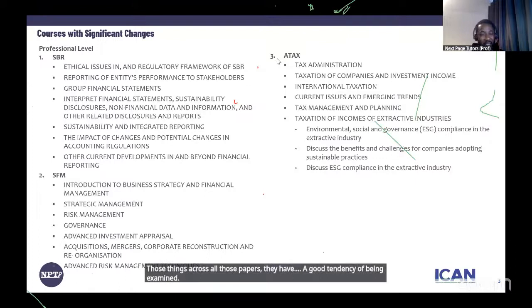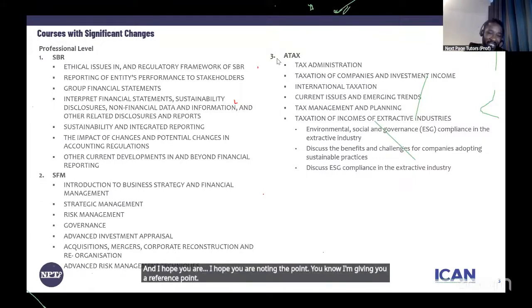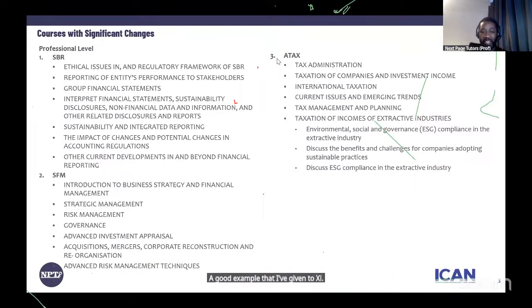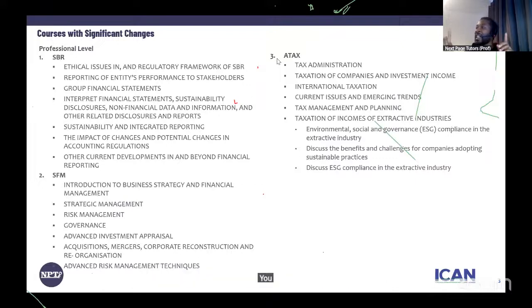I hope you are noting the point. I'm giving you a reference point, a good example, especially for those of you who have written skills level or are familiar with the old syllabus. You know that financial statement analysis is everywhere.